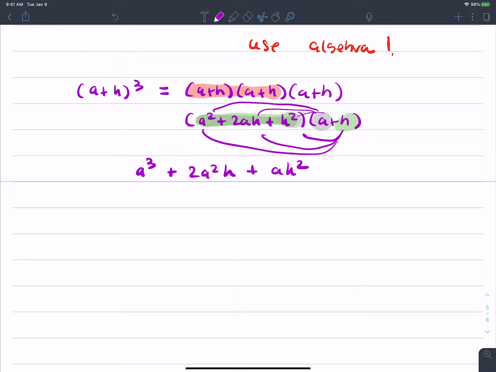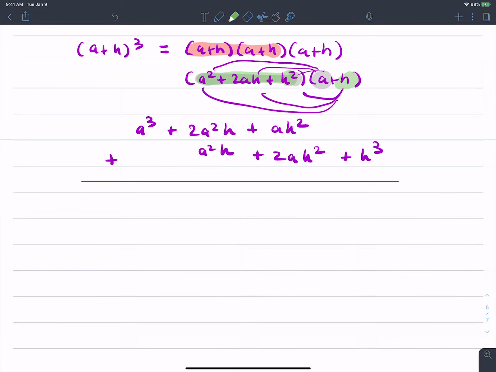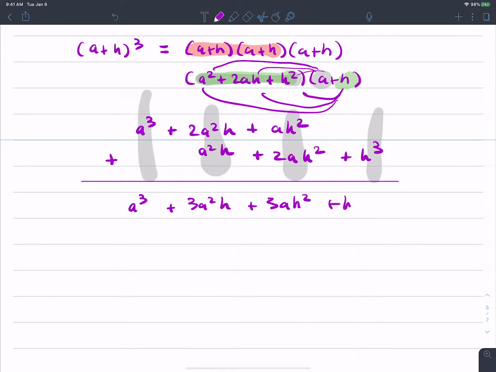So the a squared h goes here, then plus 2a h squared, and plus h cubed. Now I can add vertically, meaning up and down. There are no like terms for the first and the last, but those two middle terms are like terms, and that's why you do this. So you get a cubed plus 3a squared h plus 3a h squared plus h cubed.